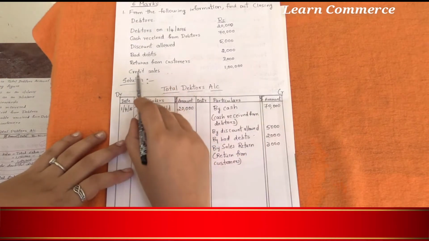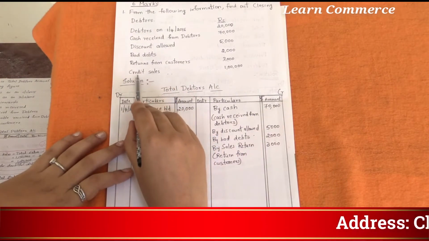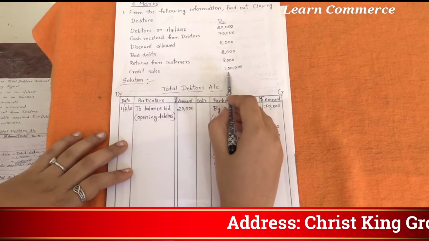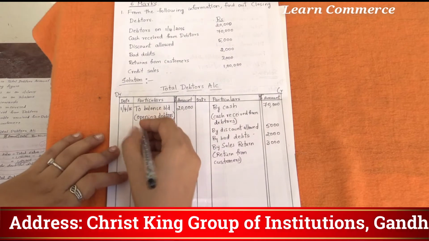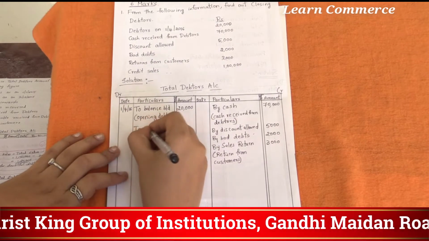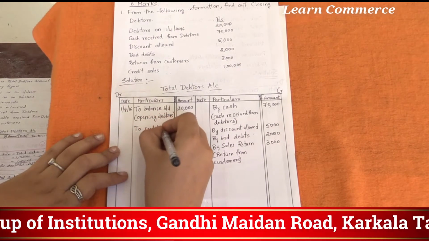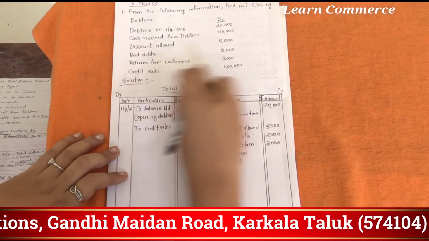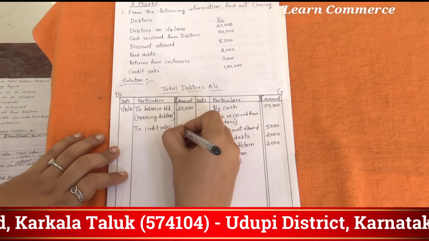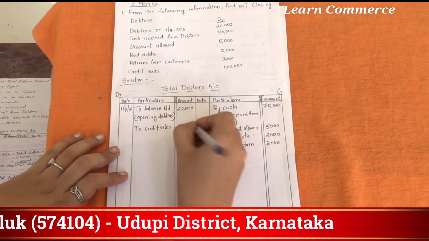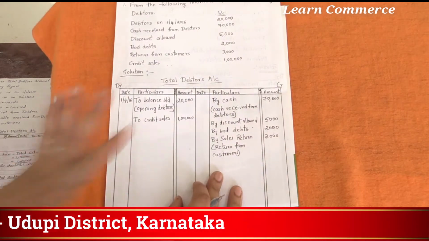Okay. Next one, credit sales 1 lakh rupees. The credit sales should be recorded on the debit side, to credit sales. Amount is 1 lakh rupees. Okay. All the entries are finished.